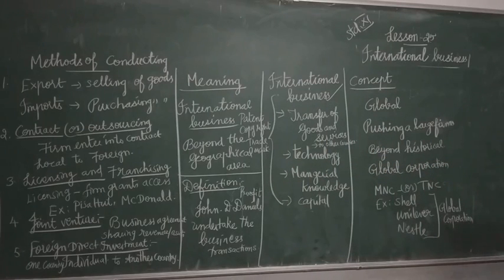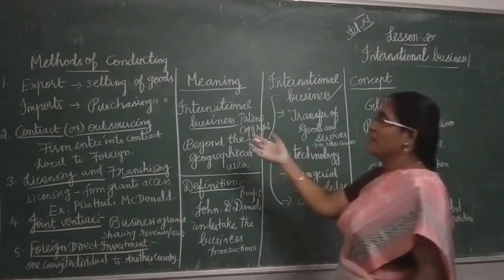To develop their production. So it is also called outsourcing or contract manufacturing. A few local manufacturers in foreign countries get the outsourcing in order to get certain components according to their wish.